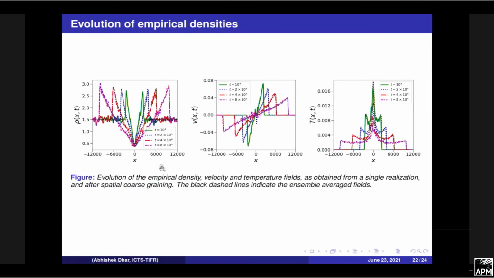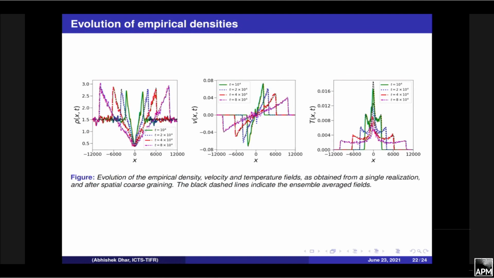Okay, so this is just one plot where I show that, as I showed earlier, we did some averaging of the microscopic evolution. The averaging was done over many initial conditions. Now in a real system, of course, you just have one realization. You don't have an ensemble. So one question of interest is: if you look at a single realization, do you still get the same result? In this case, of course, you have to put in a large number of particles and do an appropriate coarse graining over space.